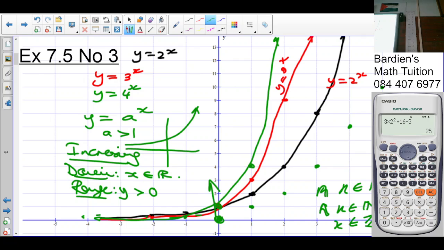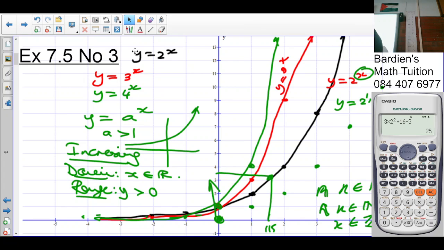And it's true. If you look at, let's say, 1.5 here, for argument's sake, on this black graph, which is y equal to 2 to the x, replacing x with 1.5, you'll see it will give you approximately that value. 2 to the exponent 1.5 gives us 2.83.